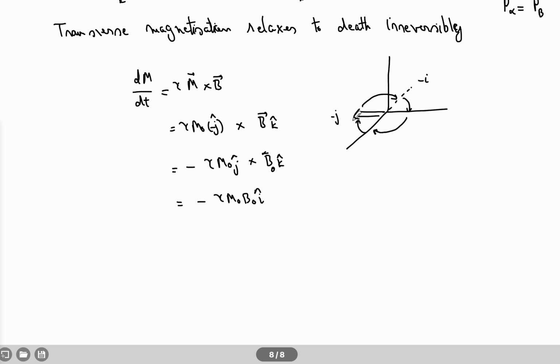So it will keep on rotating, until there is a transverse relaxation, a decoherence or dephasing of all the individual spins, which will lead to death of the transverse magnetization. Until then, the bulk magnetization will keep on moving. So even if this whole thing has relaxed back, the individual spins will keep on precessing because of this torque, which is coming over here, right?